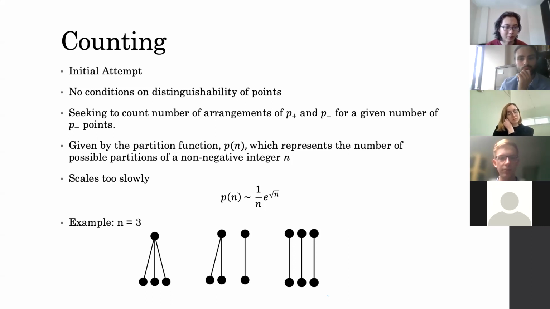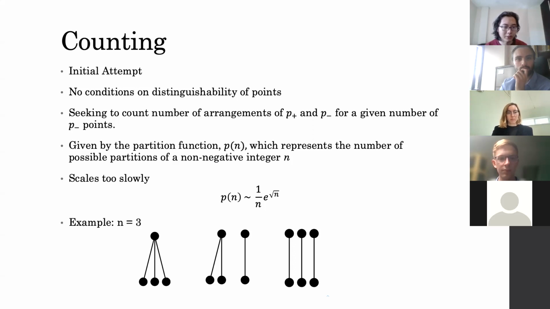You can see the upper line is the p plus points, and the lower line is the p minus points, and there are 3 p minus points for each configuration, and then there's 1 p plus point on the left, 2 in the center, and 3 on the right. This is all the configurations for 3 horizon molecules.